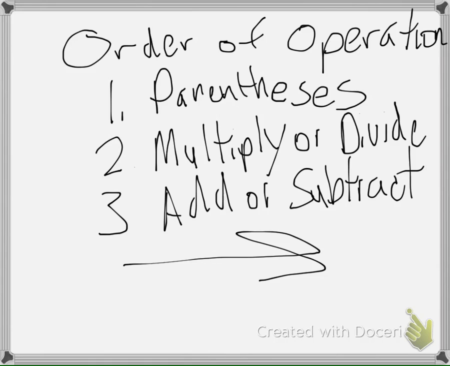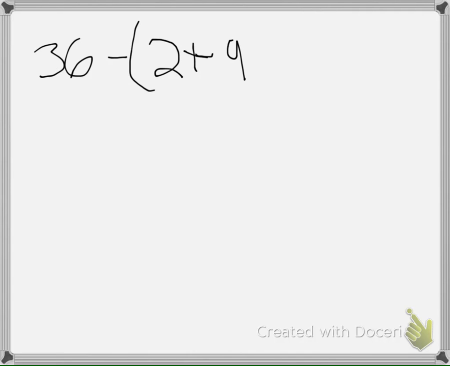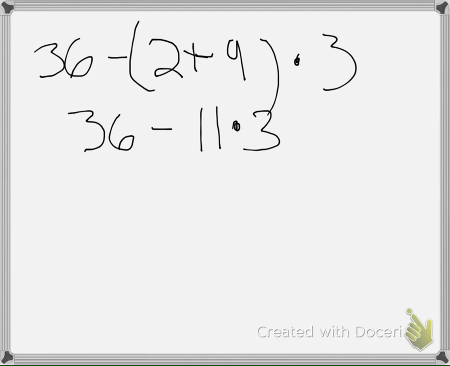So, for instance, if I have 36 minus 2 plus 9 times 3, I would do 36 minus 11 times 3, so I took care of the parentheses.